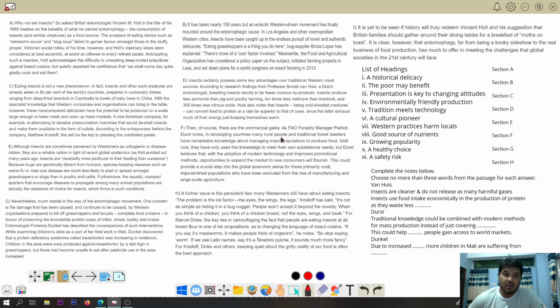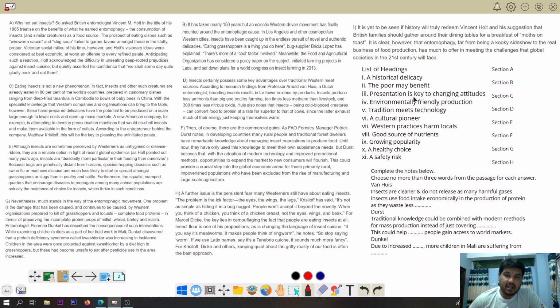In the example we have here, we have 9 paragraphs, and about 11 headings that we need to match with these 9 paragraphs. Now, let's get started and try to find out exactly which heading fits best.